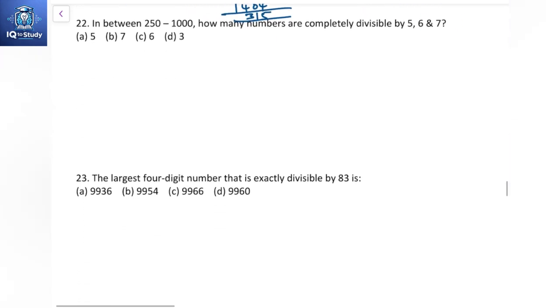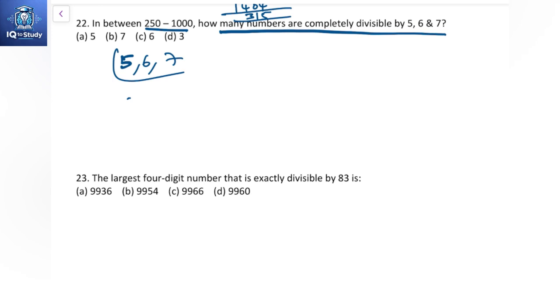In between 250 to 1000, how many numbers are completely divisible by 5, 6 and 7? Let's take the LCM of 5, 6 and 7. It is equal to 210.